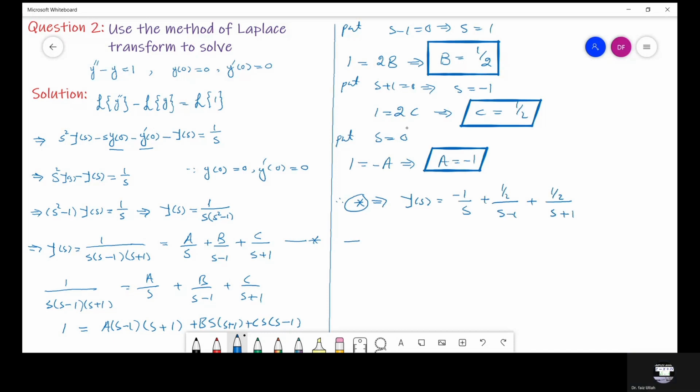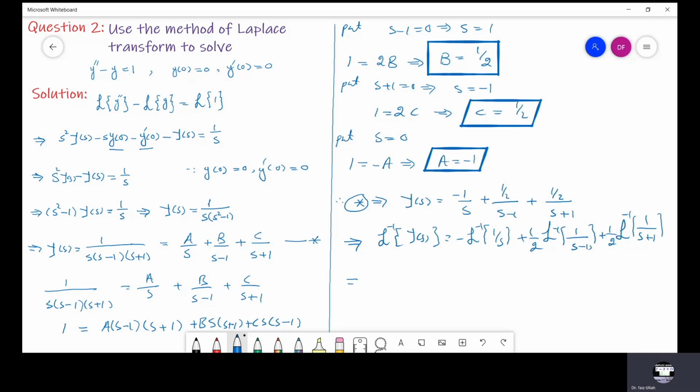And now let us apply the last step, in which we take inverse Laplace transform of each term. So let us take L inverse of minus 1 over s, plus taking 1 over 2 outside, L inverse of 1 over s minus 1, and taking 1 over 2 outside, L inverse of 1 over s plus 1.